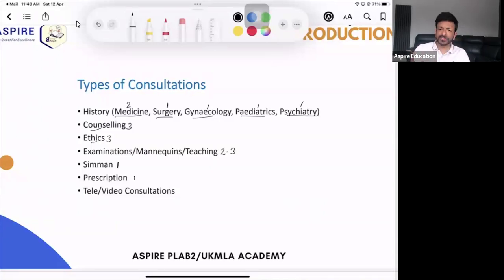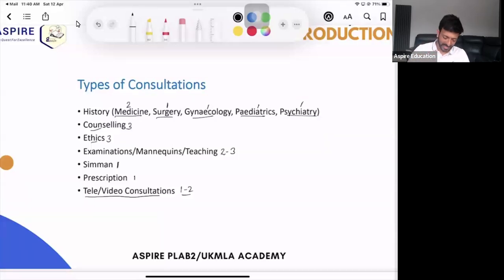After COVID, when they started the exams, it was not possible to have them in person, so they started tele and video consultations as well. In the exam now, you will get 1 to 2 tele or video consultations. With tele, the patient is not there in person. The patient is maybe at home, and you're talking to the patient over the phone.